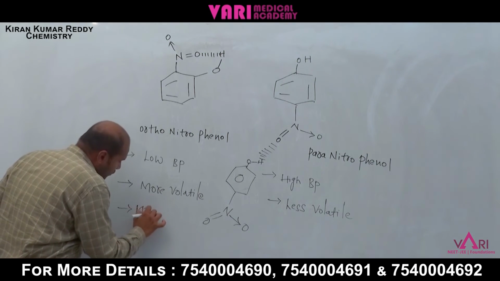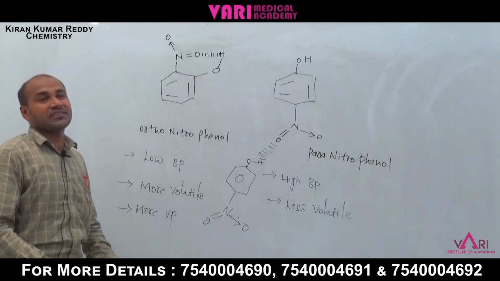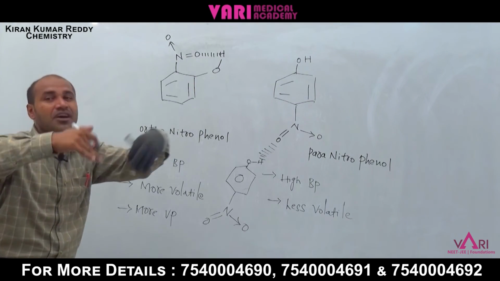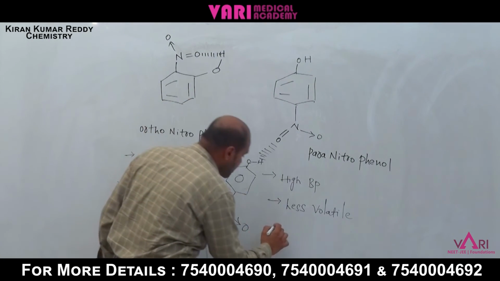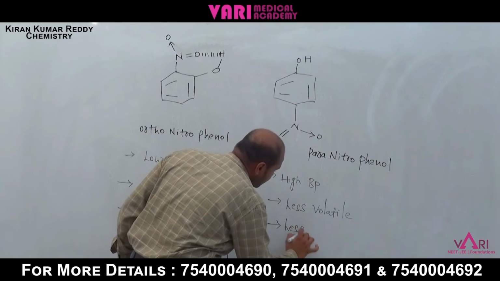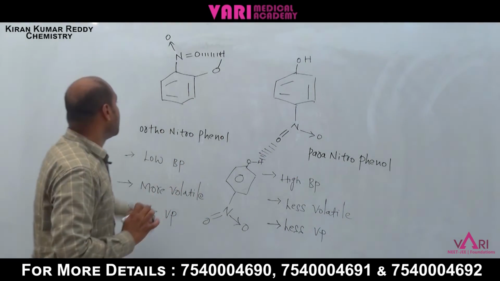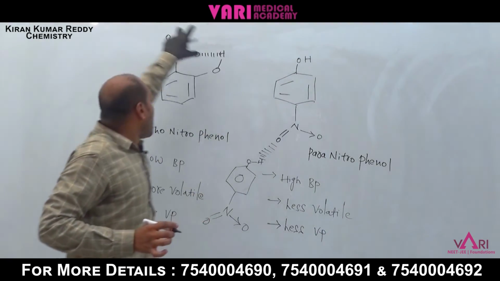If liquid is converted to gas, more vapors are formed, which means more vapor pressure. Here is less vapor pressure, less volatile, high boiling point. This one is orthonitrophenol and paranitrophenol.